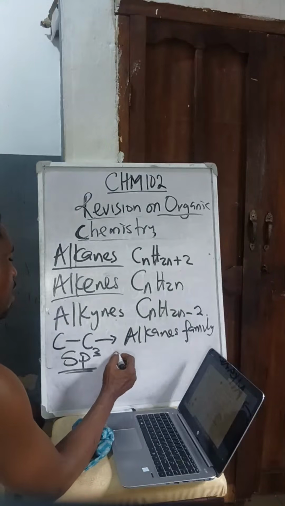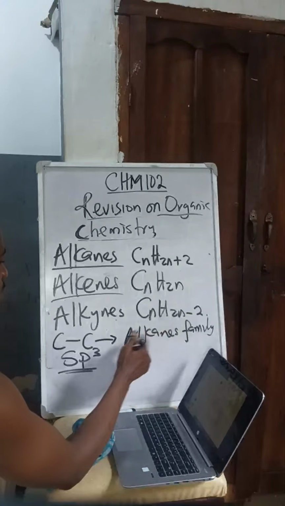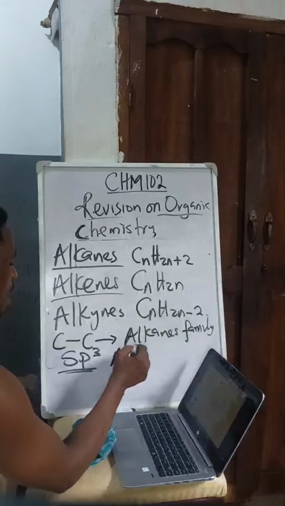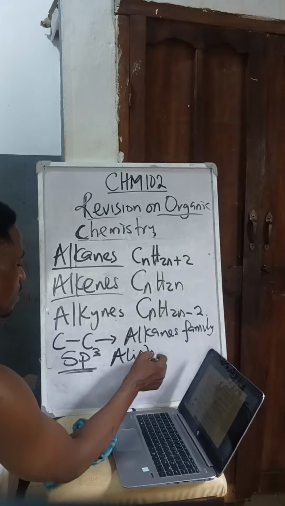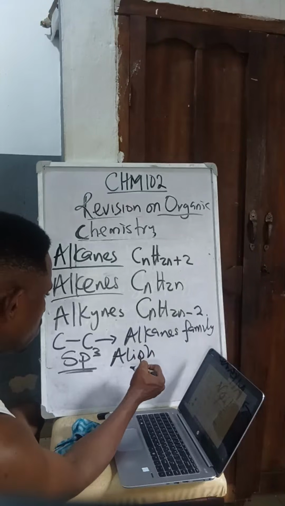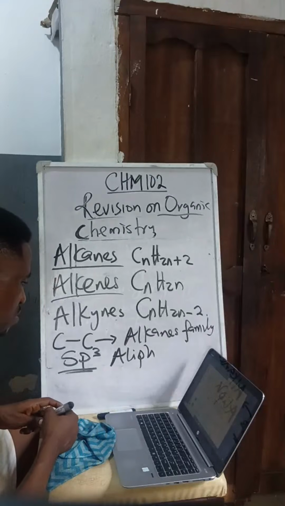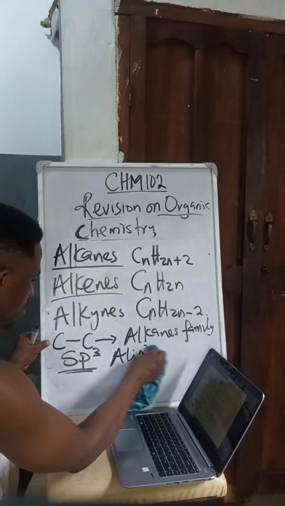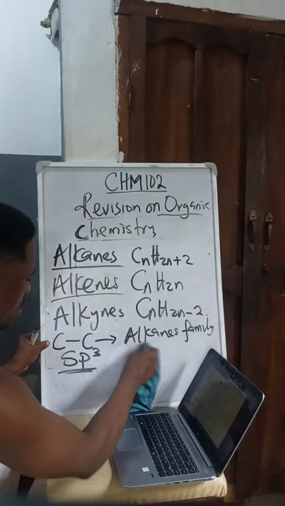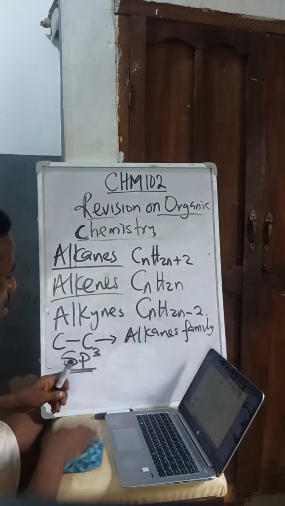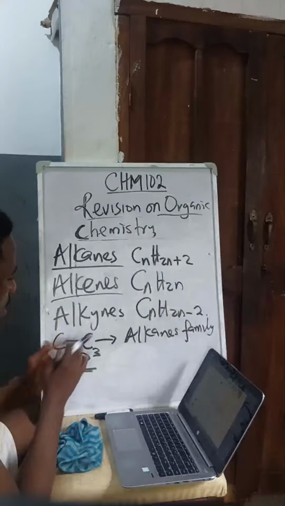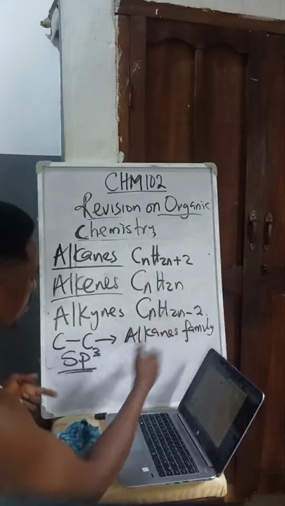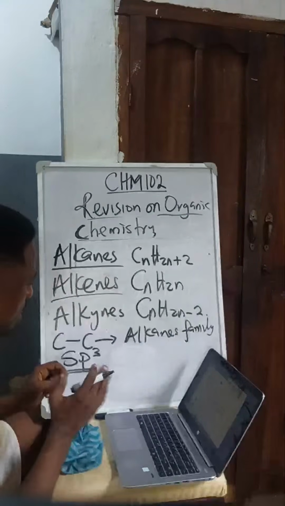They are called alkanes. That is aliphatic. Aliphatic compounds are alkanes, alkenes and alkynes.